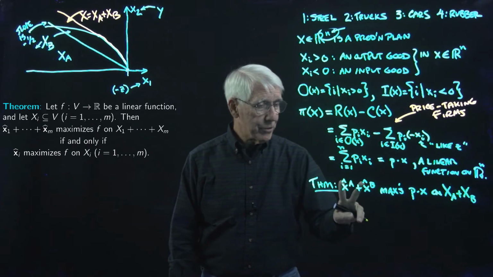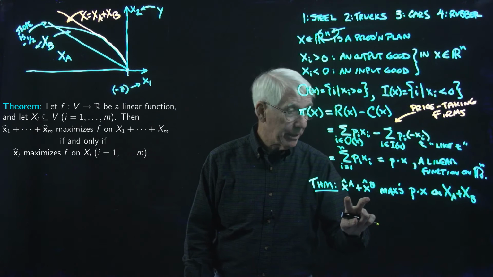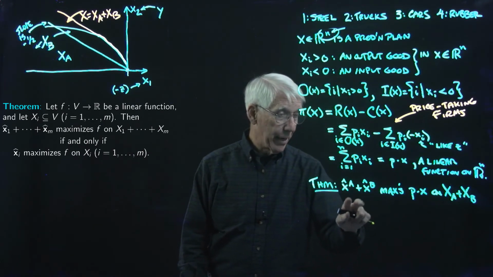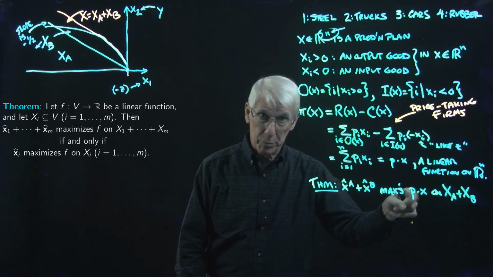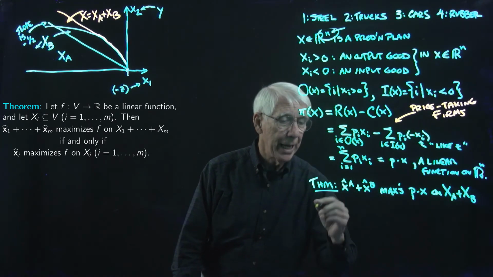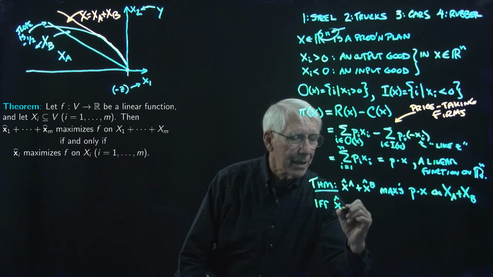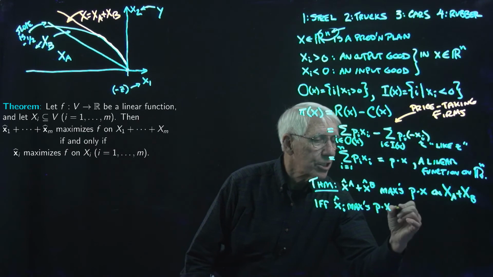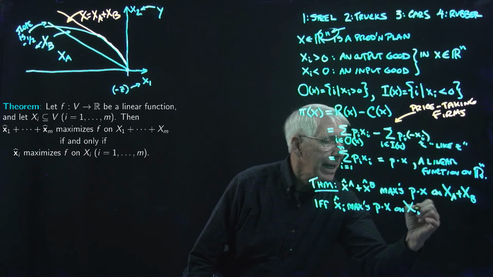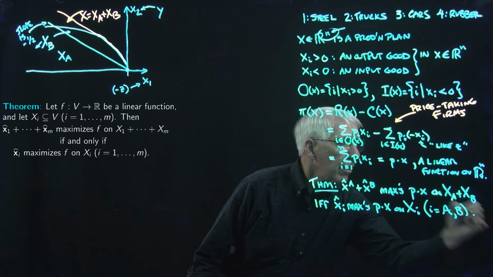So if I have two firms, this production plan for the first firm and this production plan for the second firm, added up, aggregated, that aggregate vector in Rn maximizes the value function, or the profit function, on the sum of sets if and only if x hat i maximizes p dot x on capital Xi, where here i is just A and B.